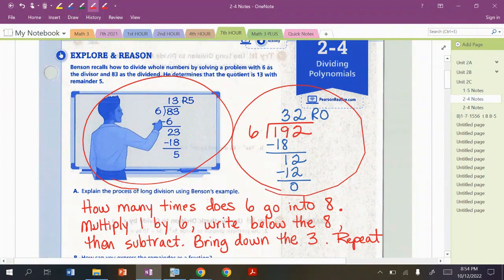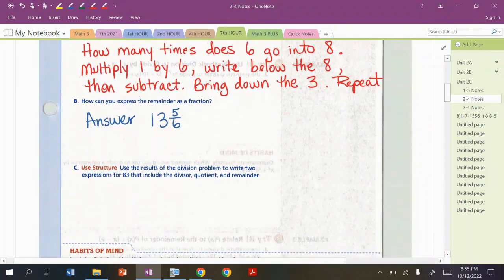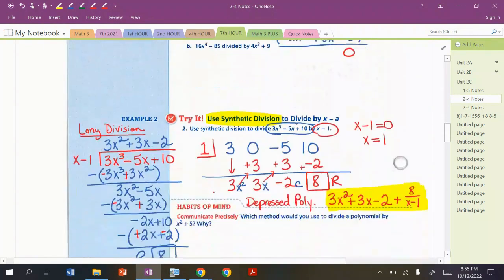Versus here, 6 can go into 192 evenly, and it's a factor. Why? Because you get a remainder of 0. There's nothing left. 192 divided by 6 equals 32. So depending on what you see, if it has a remainder, it's not a factor. If it doesn't have a remainder, then it's a factor. And that's what you're going to do with polynomials.